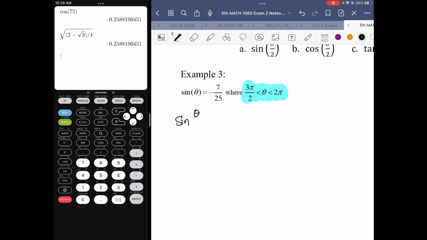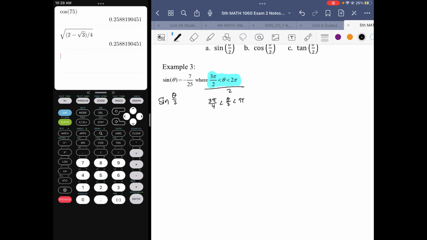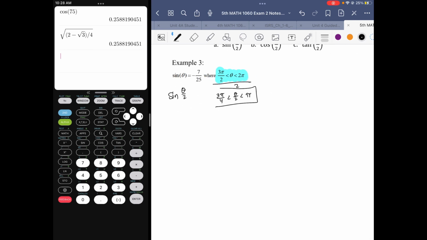So how we deal with this is we actually take all of these and divide by 2 also. And we say that we are actually working in the range of 3 pi over 4 is less than theta over 2 is less than pi. So when we're looking at our answers, that matters as far as our positive and negative goes, right?